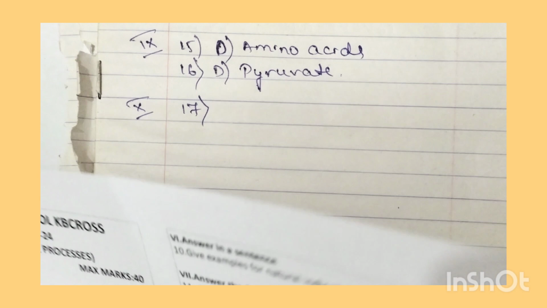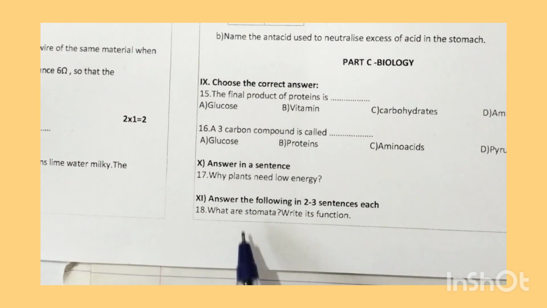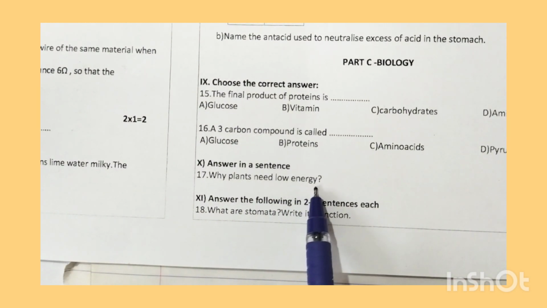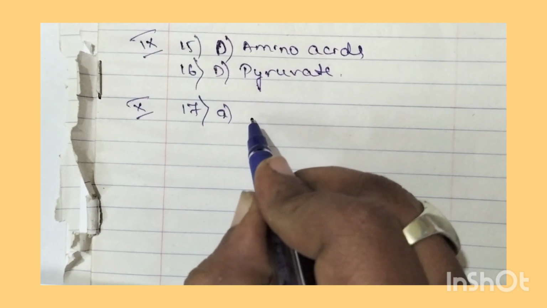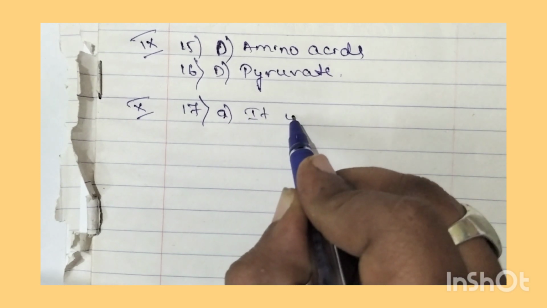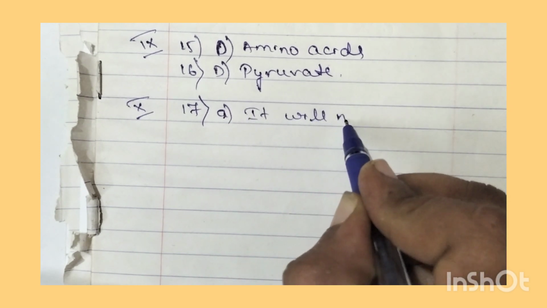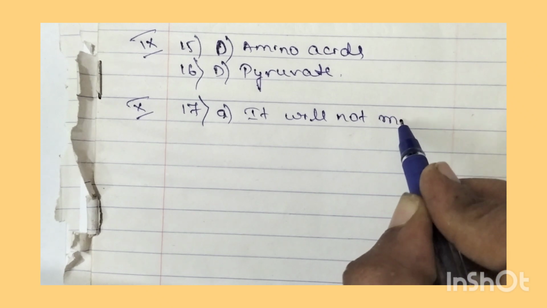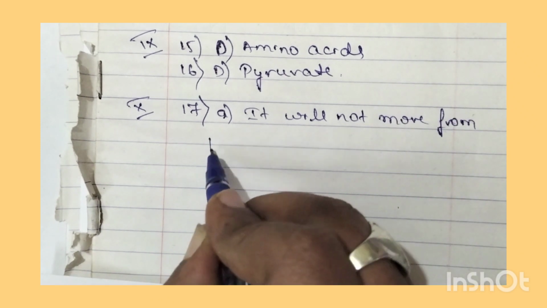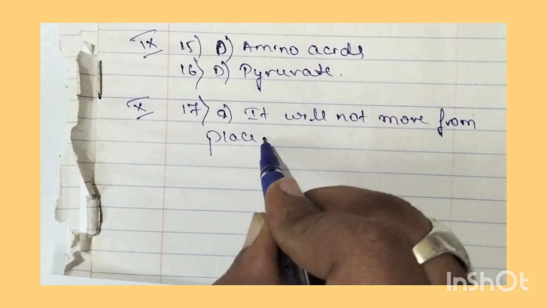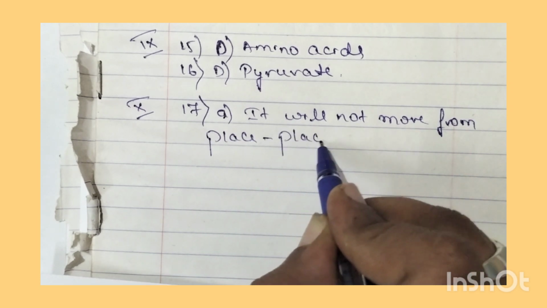The 17th question is: why do plants need low energy? Plants need low energy for two reasons. First one, they do not move from place to place. This is the first reason.